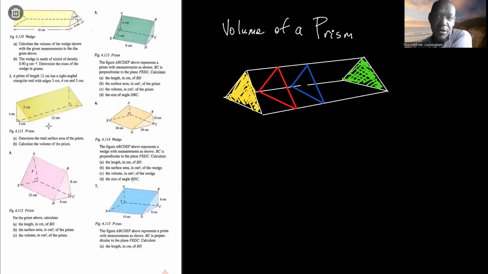So this is the same shape passing right through the solid. Same triangle, same triangle. So this is a prism. A prism is a solid with the same shape passing throughout that solid.